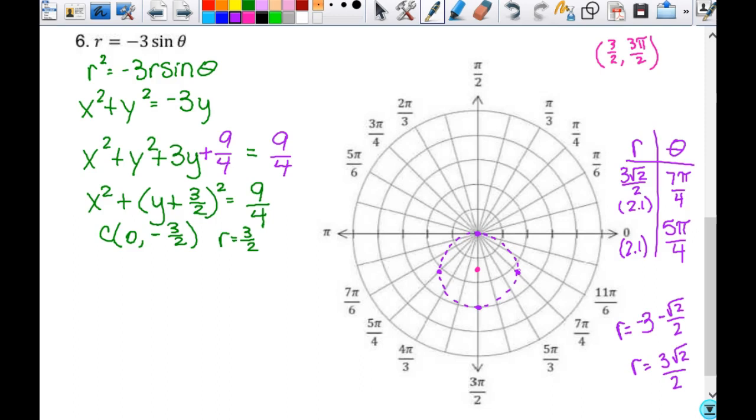Oh, I'm sorry, I didn't explain. This is a circle, okay, with center. And I can't say that the center is on the polar axis because it's not. It's on 3 pi halves, right? On theta equals 3 pi halves.